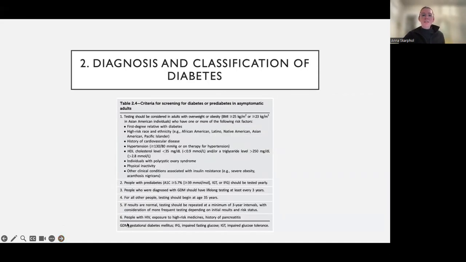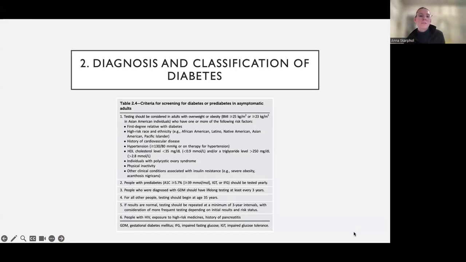And so looking at some more information that we have in this section, this next table that I pulled out is the criteria for screening for diabetes or prediabetes in asymptomatic adults. And so this is a great spot for pharmacy intervention. Kind of looking at maybe suggesting that a patient go in for screening.